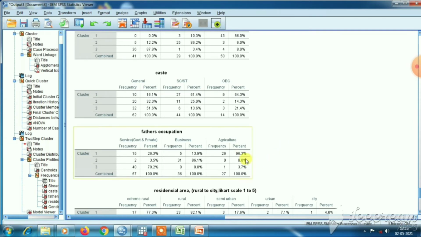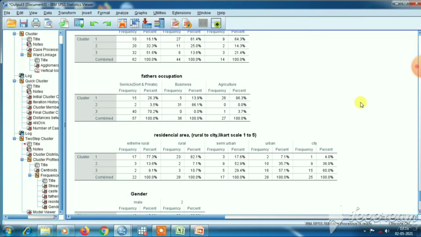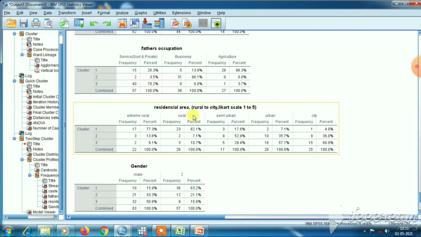Therefore in cluster 1 the respondents' parents' profession is mainly agriculture and related activities, with 3.7% in cluster 3 and 0% in cluster 2. In this way we can explain the cluster analysis.